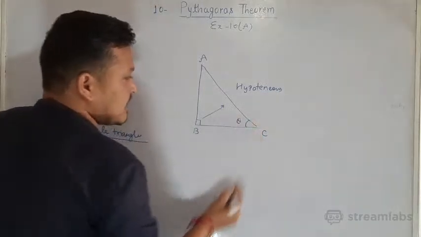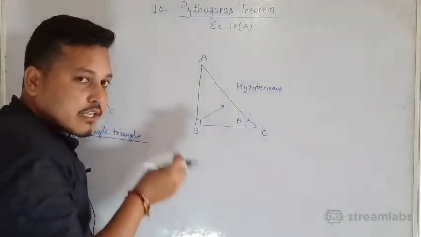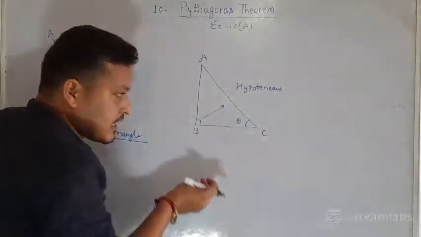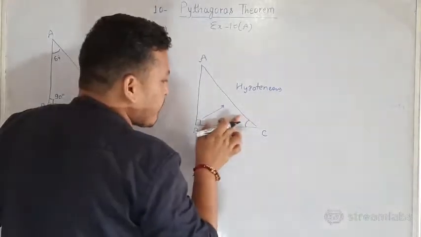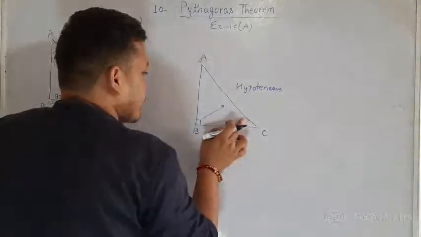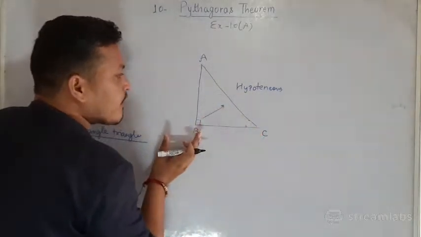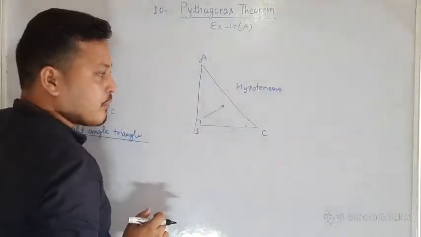Theta represents any angle. It may be 30 degree, it may be 20 degree. If you are facing a problem, you can suppose any angle X, Y, Z. Otherwise, you can neglect this part. So this is the side in front of the 90, that is your hypotenuse.